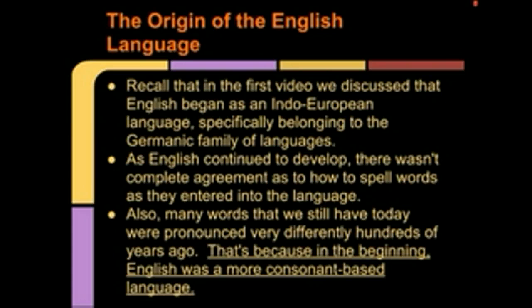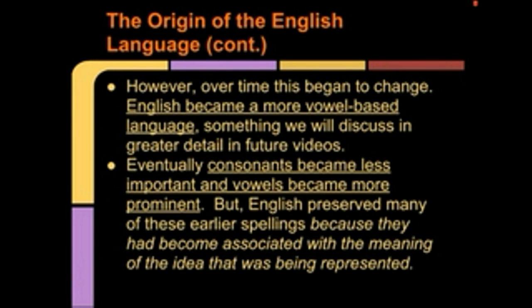Also, many words that we still have today were pronounced very differently hundreds of years ago. That's because in the beginning, English was a more consonant-based language. However, over time this began to change. English became a more vowel-based language, something we will discuss in greater detail in future videos. Eventually, consonants became less important and vowels became more prominent.